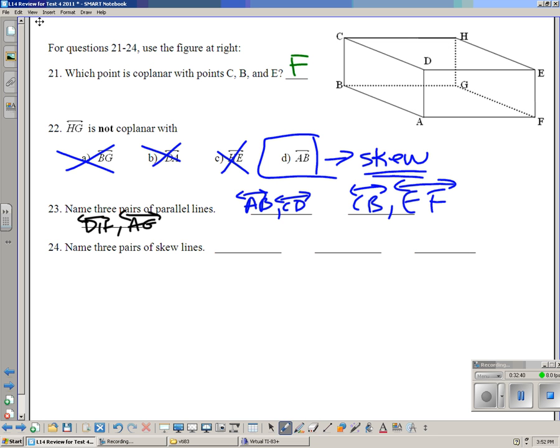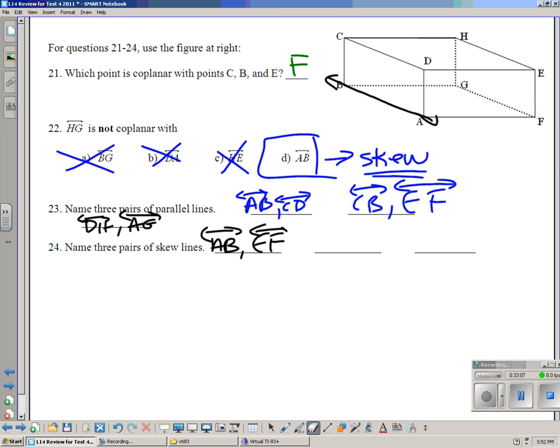All right, skew lines. Skew lines are all over the place as well. I'm going to pick a line, like AB. EF would be skew because they're never going to intersect each other, because AB is on one side of the crate going front to back, and EF is on the other side of the crate going up and down. So those would never meet. I'll keep AB around and try to get another skew line.